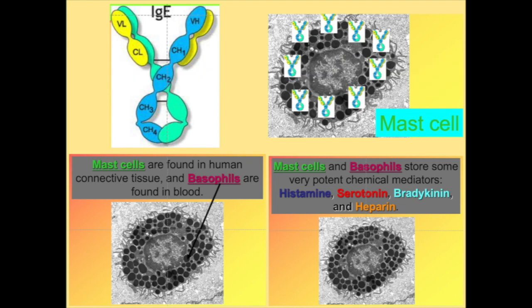When they are stimulated by an antigen, some nasty chemicals pour out. Mast cells are found in the connective tissue, and basophils are circulating in the blood. Those nasty chemicals are histamine, especially serotonin, bradykinin, and heparin.